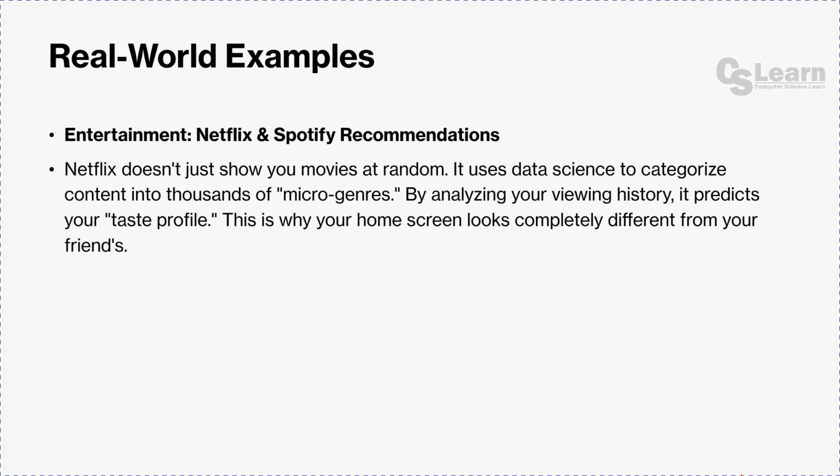By analyzing your view history, it predicts your taste profile. This is why your home screen looks completely different from your friends'. Most of your friends have the same kind of OTT platform, but you can see every screen is different because of their behavior. That's the reason.